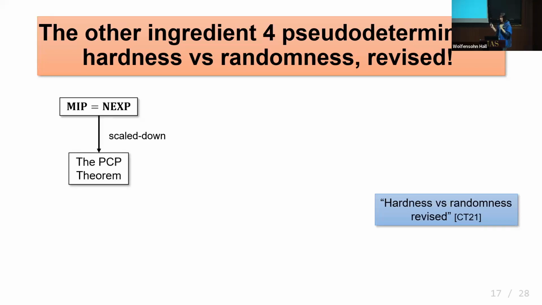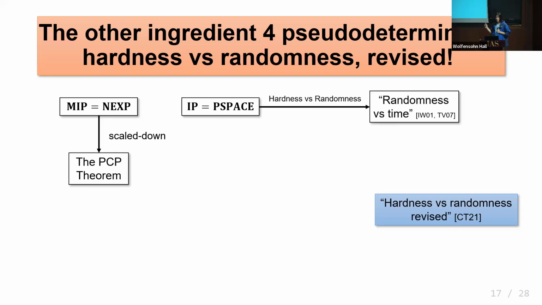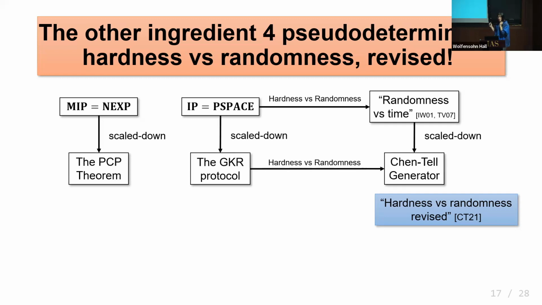Turns out that the Chen-Tell generator is the scale down of some hardness-randomness trade-off that follows from IP equal to PSPACE. If you scale down IP equal to PSPACE, then you get something called the GKR protocol, which is a very beautiful protocol, but unfortunately we don't have time to go into it today.